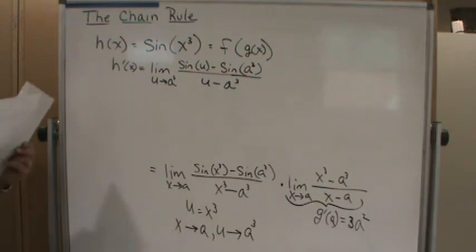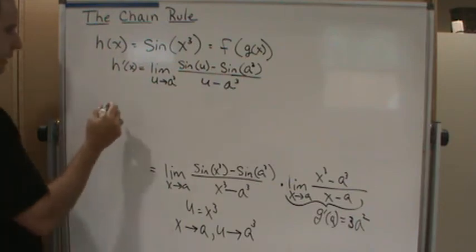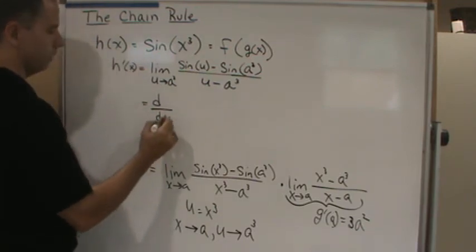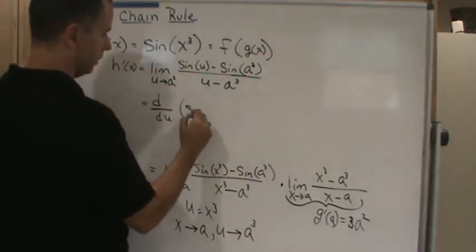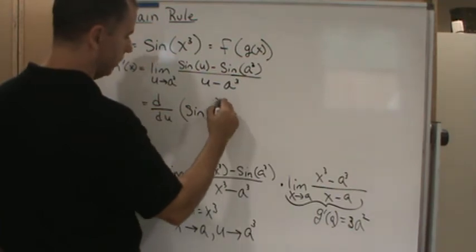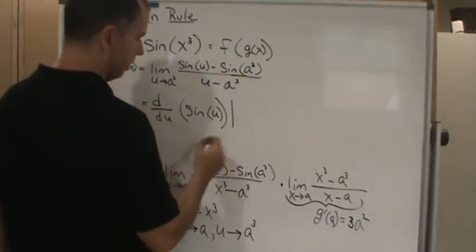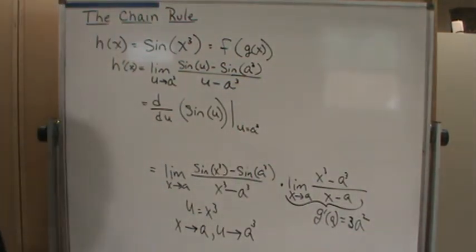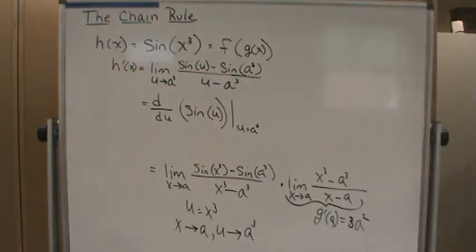Just think about that for a moment. So this is the derivative with respect to u of sine u at u equal to a cubed. That's the setup. We know it's a derivative, but it's with respect to u.